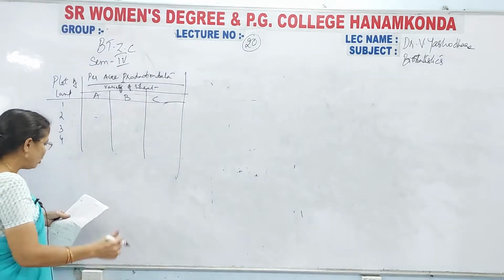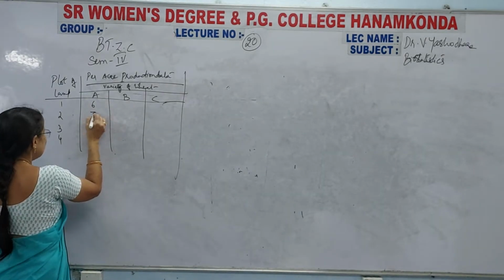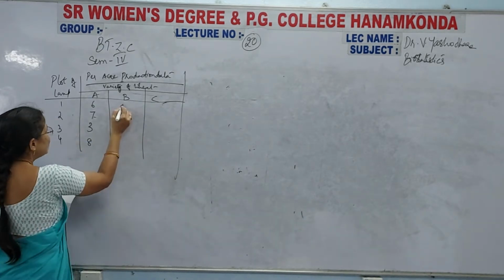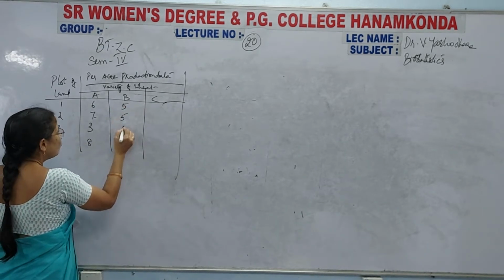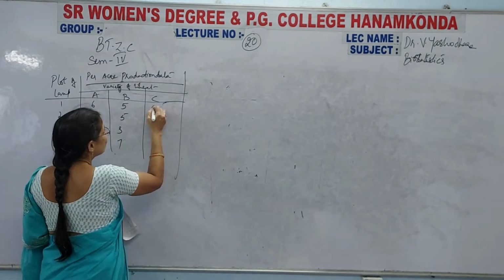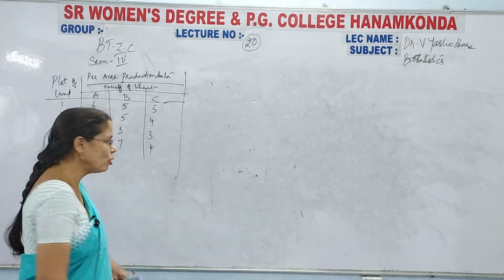For this, per acre he is getting 6 bags, 7 bags, 3 bags and 8 bags. Next here 5, 5, 3 and 7. Next one is 5, 4, 3, 4. This problem we have to solve.